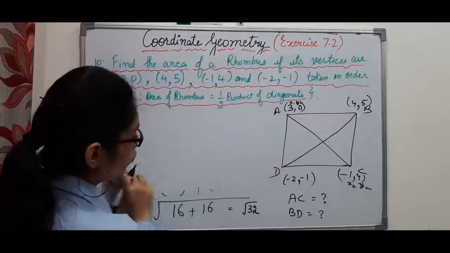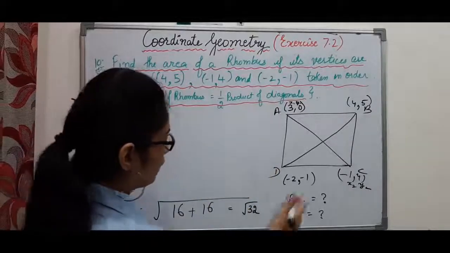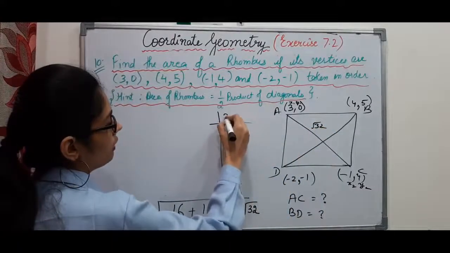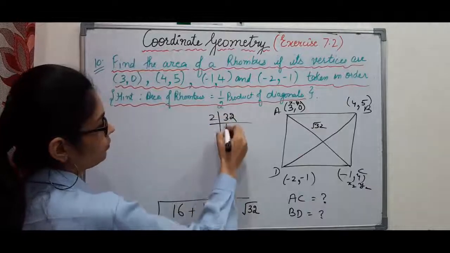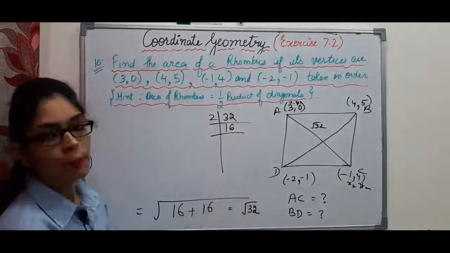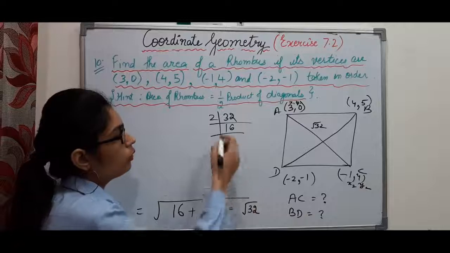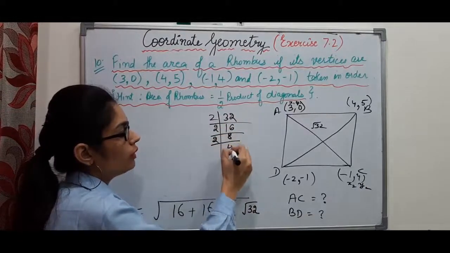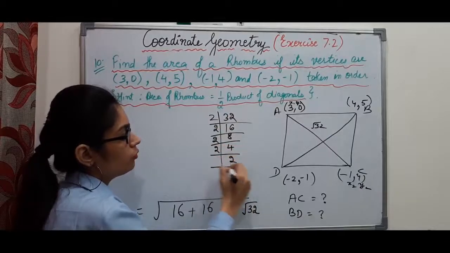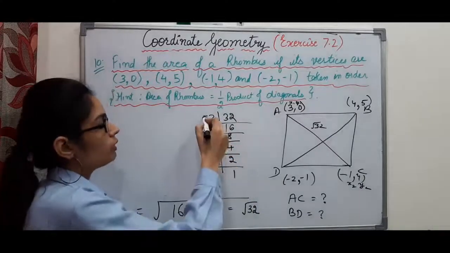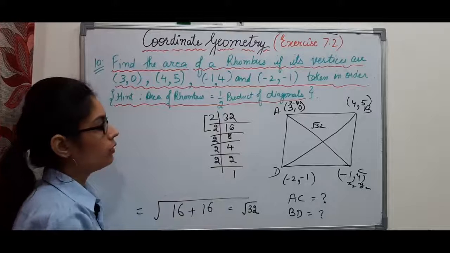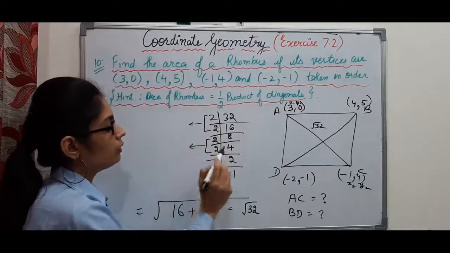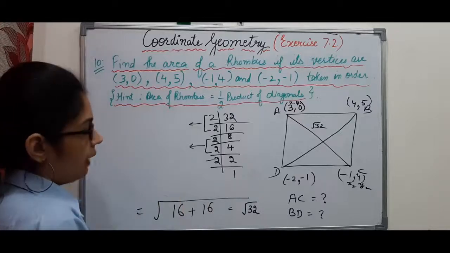Let's see the value of diagonal BD. So here I can write root 32. You can find the square root by prime factorization also. Let's try. I'm just making the prime factors of 32. 2 into 16 is 32, 2 into 8 is 16, 2 into 4 is 8, 2 into 2 is 4, 2 into 1. So we have to find the square root, so 2 factors we will pair, and this one will remain alone.